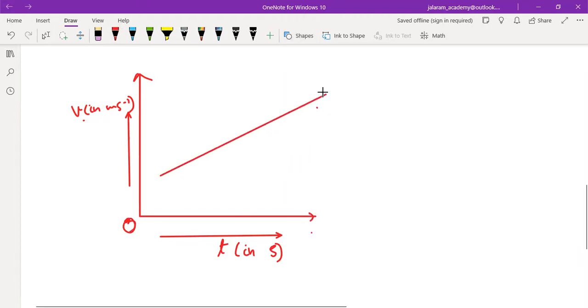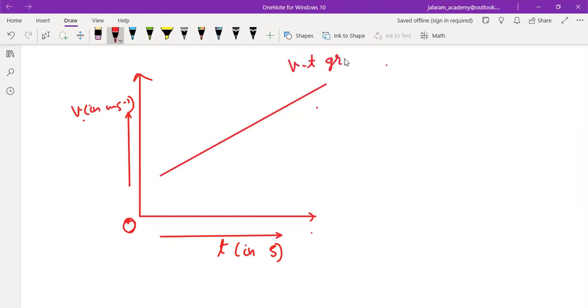So if this line is showing velocity time graph, we know that this line is the actual velocity time graph. The x-axis is time graph, y-axis is velocity graph, and this is the graph which is showing the variation in velocity with time. The method is same as we have obtained displacement using displacement time graph. Means what? Can you think it? How can you find velocity using velocity time graph?